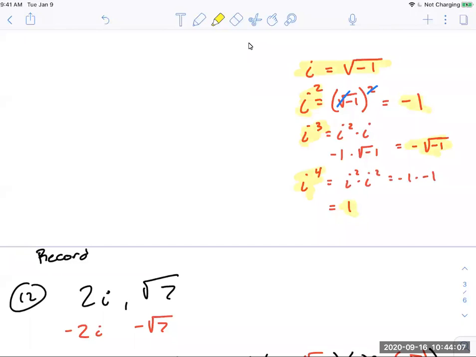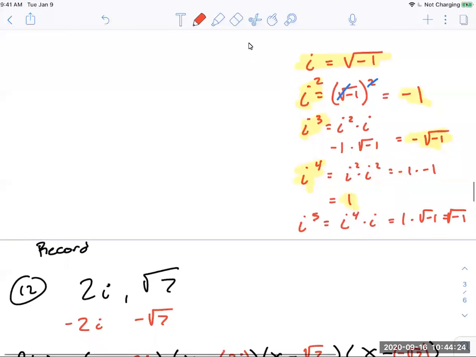Since I'm back at 1, that means i to the 5th is just i to the fourth times i. So 1 times radical negative 1 is just radical negative 1. So my pattern repeats itself. Because then i to the sixth is the same as i squared. i to the seventh is the same as i to the third.